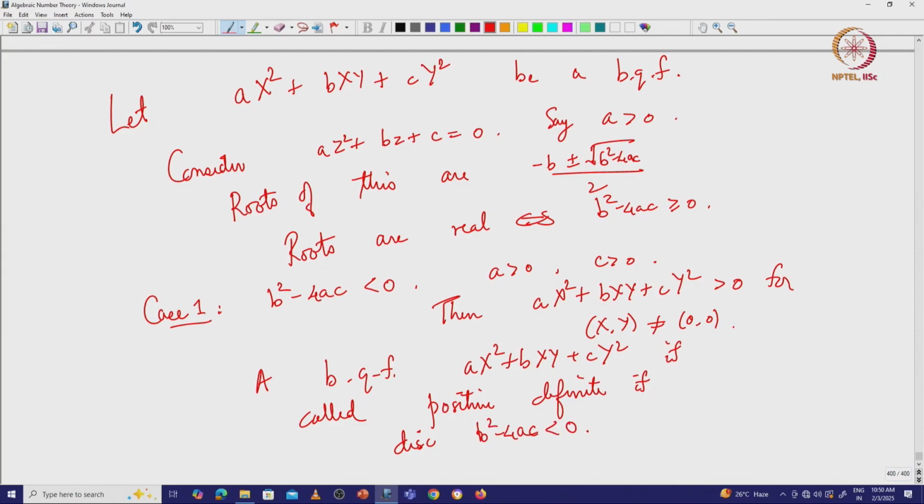All right. So I think it's a good point to stop today, but you can similarly analyze what happens when b squared minus 4ac is bigger than 0, and what happens when b squared minus 4ac is 0. In any case, the positive definite quadratic forms are of interest to us.